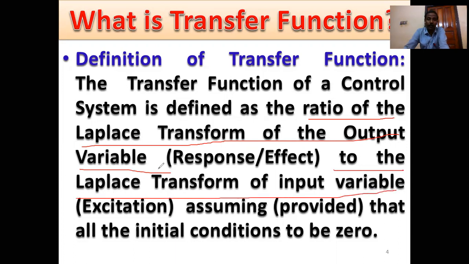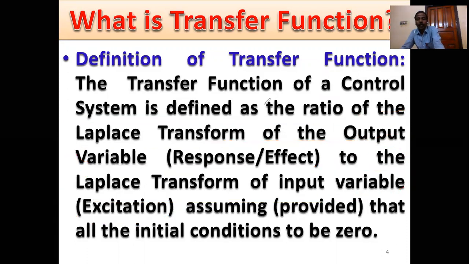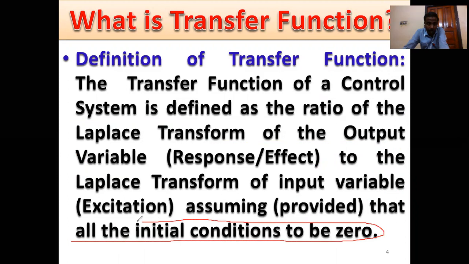And this first part, the output, is actually the effect, and this section, the input or excitation section, is the cause. So this is cause and effect, and this part, all the initial conditions to be zero, is also very important for the transfer function definition.